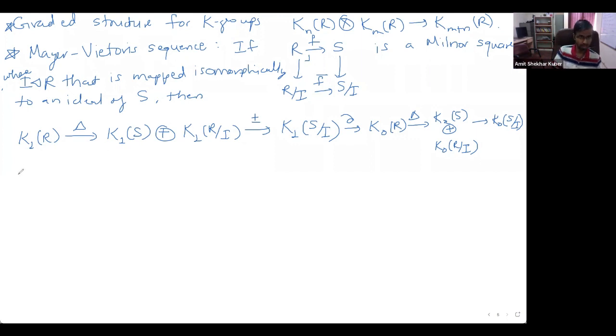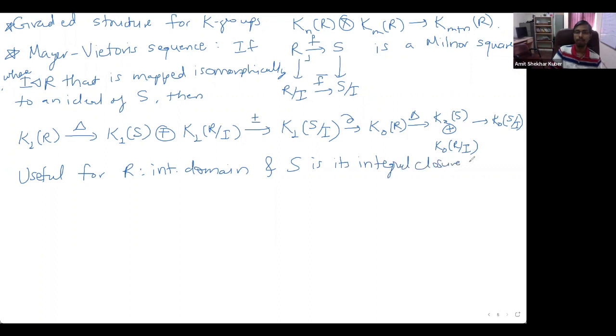For example, it is useful for R an integral domain and S its integral closure in its field of fractions. In number theory, this is quite useful to compute K groups.